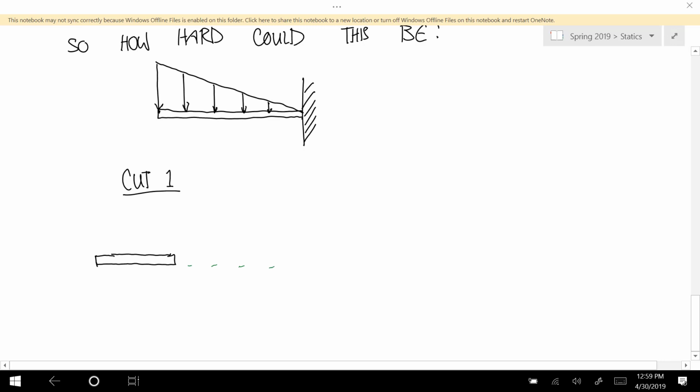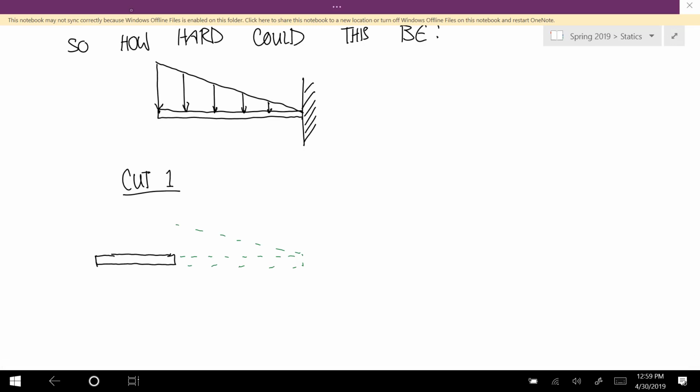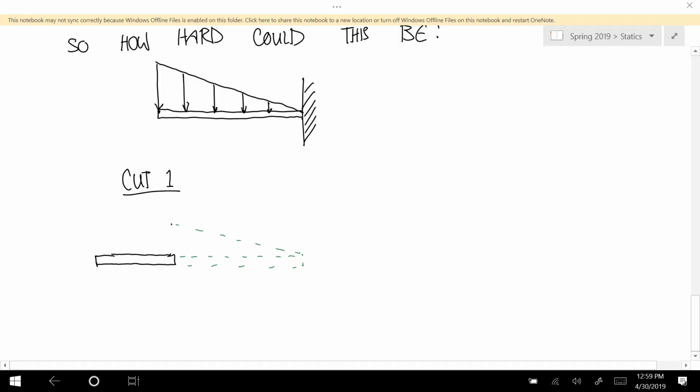Remember, this is the part of the beam that we're ignoring when we make that cut. And that means that we're ignoring this part of the distributed load. And then we have the internal loads.